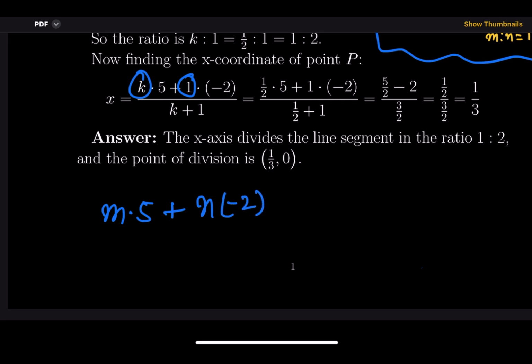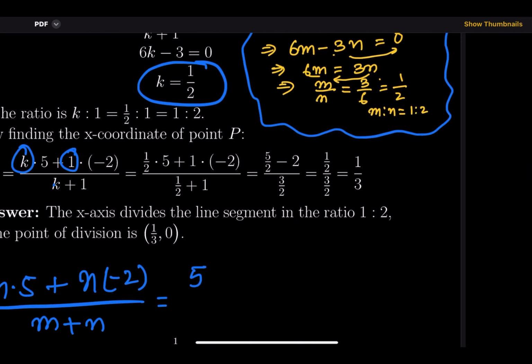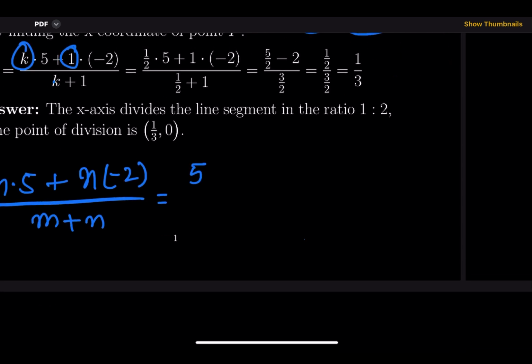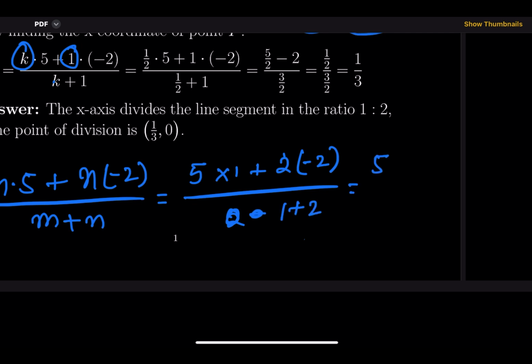Into minus 2 divided by m plus n, which will be equal to 5. I got m is to n: m is 1, n is 2. M is 1, so 5 into 1 plus n is 2, 2 into minus 2, divided by 1 plus 2. 5 minus 4 is 1, divided by 3.